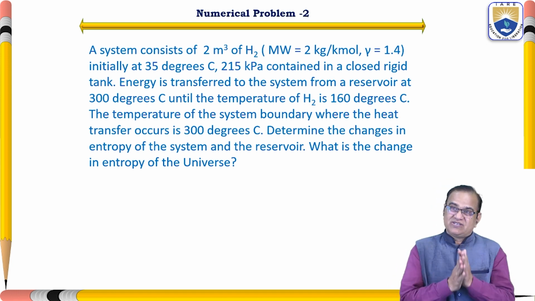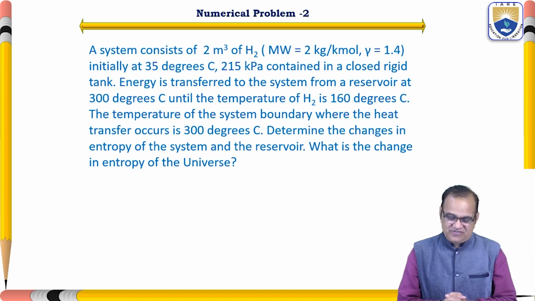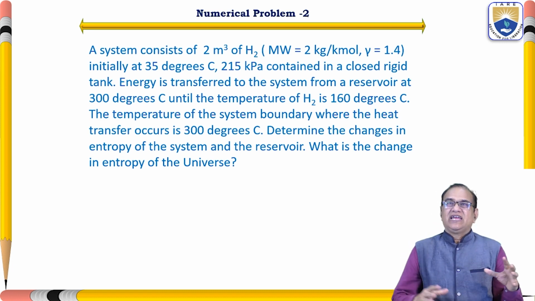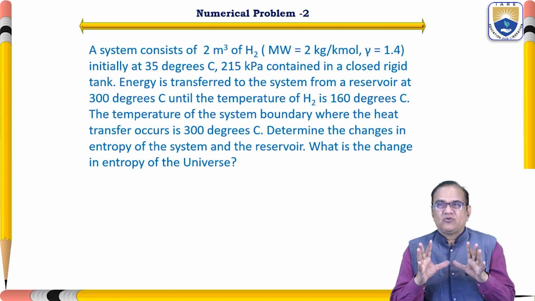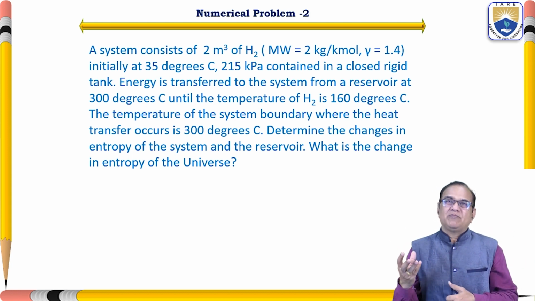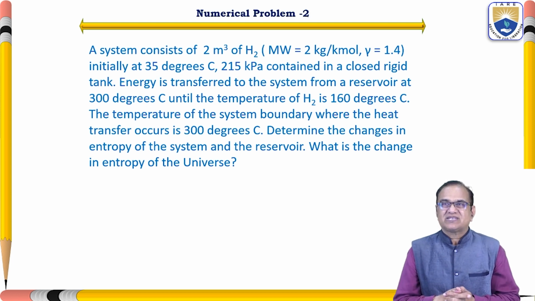So here the system, surrounding and the total universe we have to see for the given condition. In this, 2 meter cube of hydrogen, molecular weight and all things are given. Its initial temperature is 35 degrees centigrade and 215 kilopascal in a closed rigid tank.